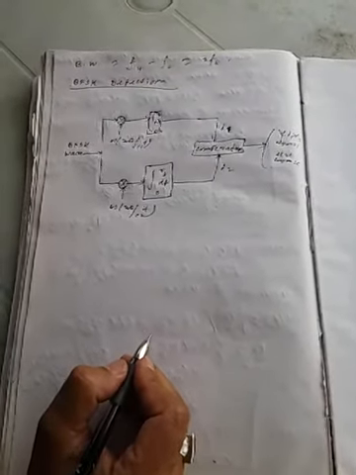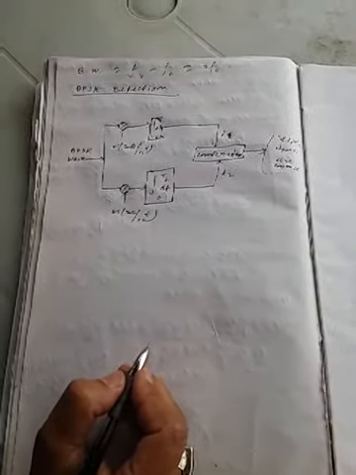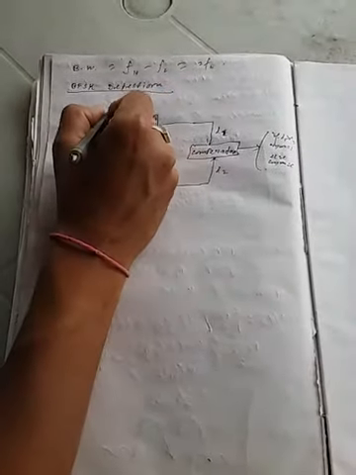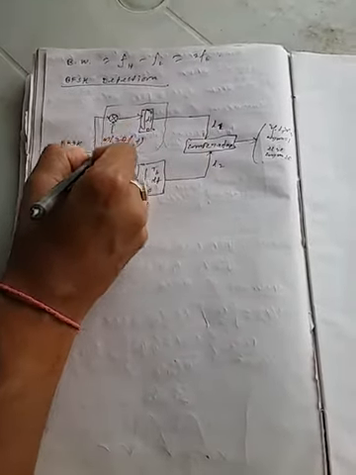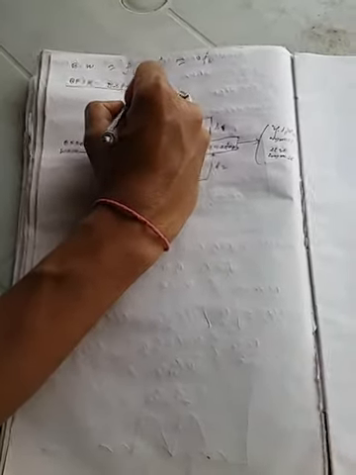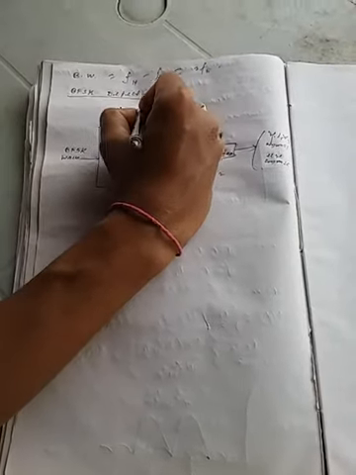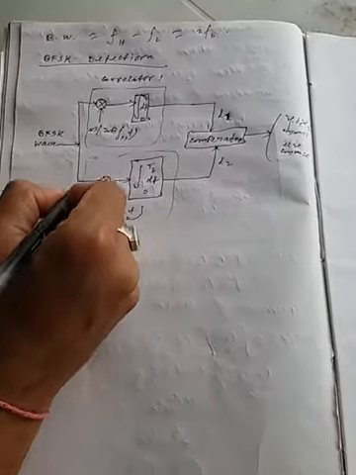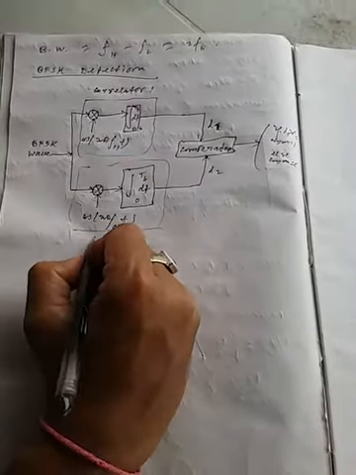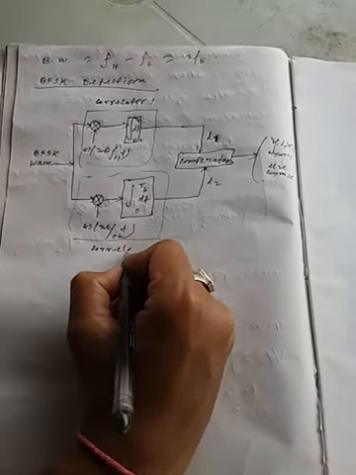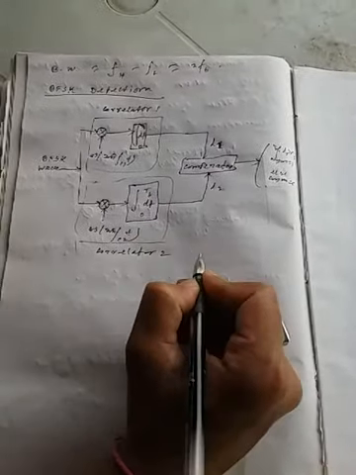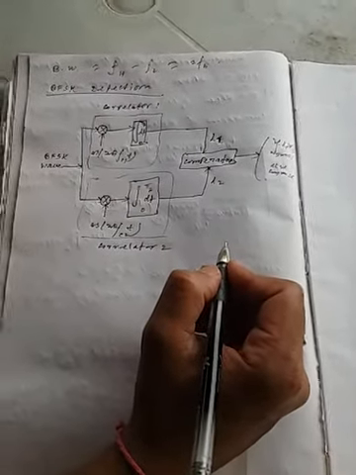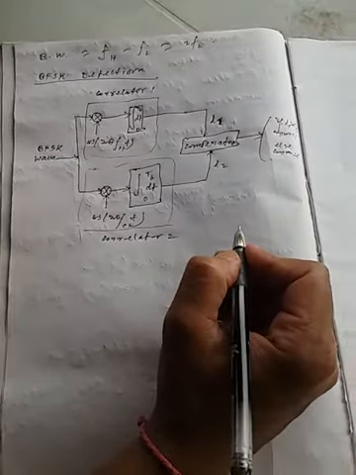The block diagram of demodulation of a BFSK wave using the coherent detection technique consists of two correlators. This section is called correlator 1, and this section is correlator 2, right? There are two correlators individually tuned to two different carrier frequencies to represent symbols 1 and 0.